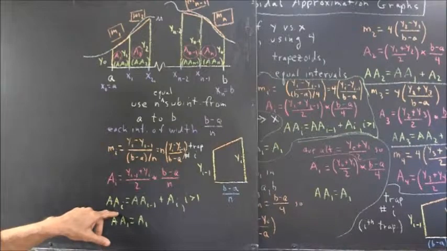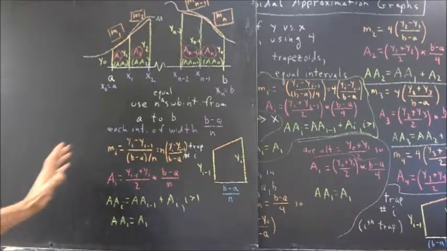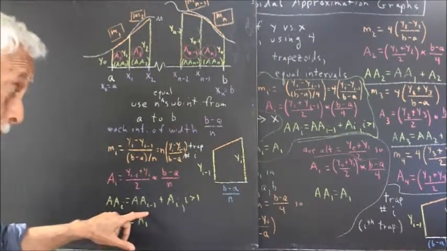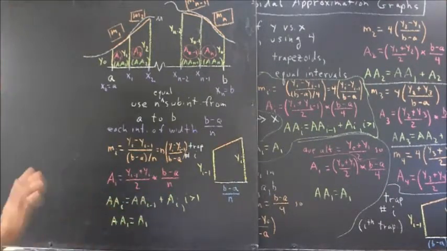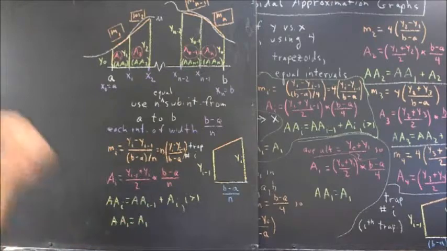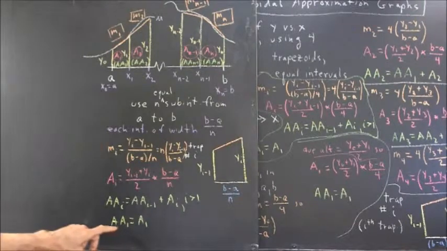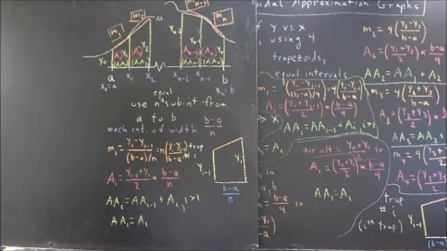The accumulated area through the ith trapezoid is the accumulated area through the i minus 1 trapezoid plus the area of the ith trapezoid, if i is greater than 1. And if i is equal to 1, well, we have accumulated area 1 equals the area of the first trapezoid.